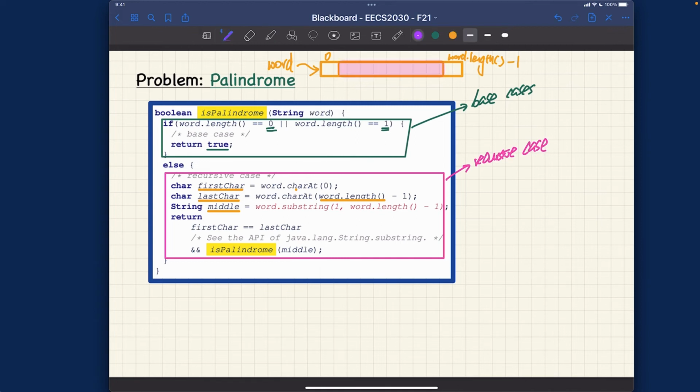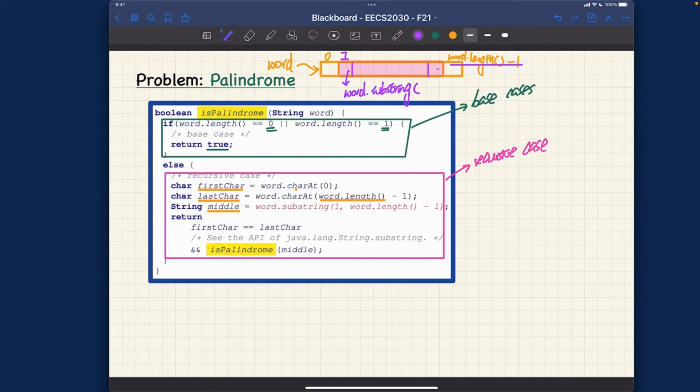And this part here is calculated by saying word dot substring. It should be starting from index 1 for sure. That will be the first one. And what should the second be? Well, we're going to go up to but excluding this particular value over here, right?